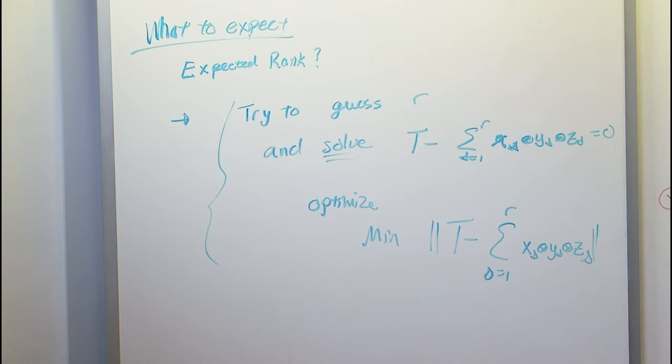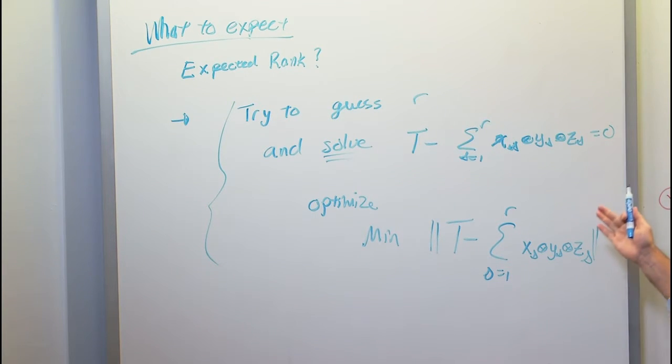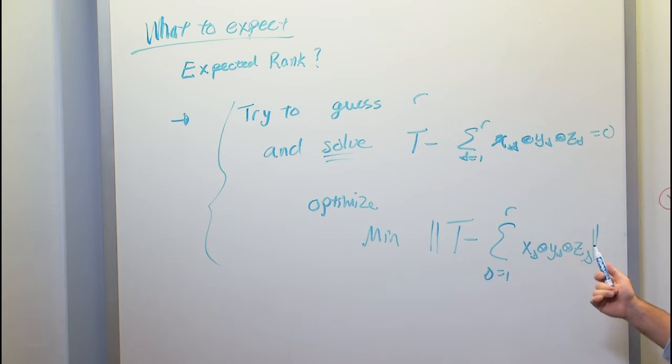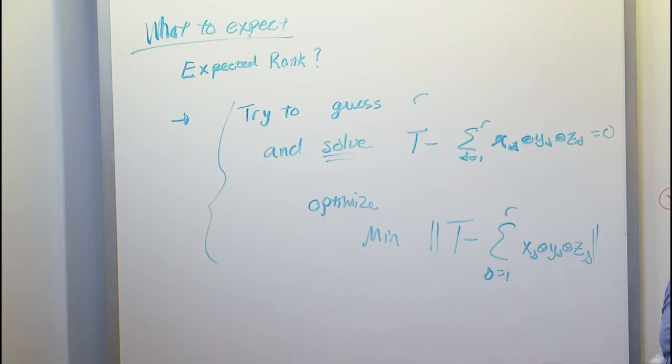Even if you solve this problem, it doesn't tell you that the rank is R. It only tells you that the rank is at most R. So you can keep going down. If you get really lucky and solve a really hard problem, you can try to solve a slightly easier problem with fewer variables and keep going down. Usually you'd guess R is small and go up, or you could start with the biggest R possible and go down. Either way, try to guess the right rank and then solve.